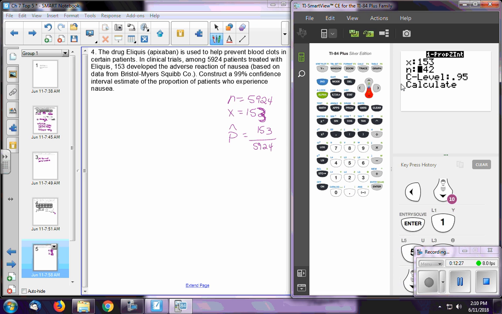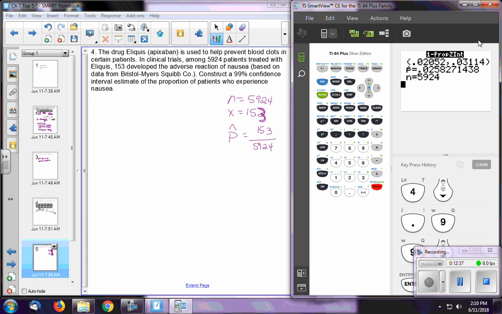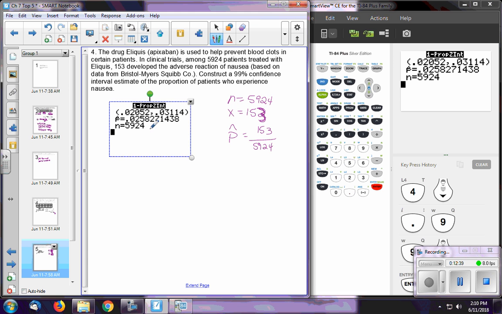X is 153, N is 5924, and we want a 99% confidence level, so 0.99. What this produces for us is a confidence interval that spans from about 2.1% to approximately 3.1%.